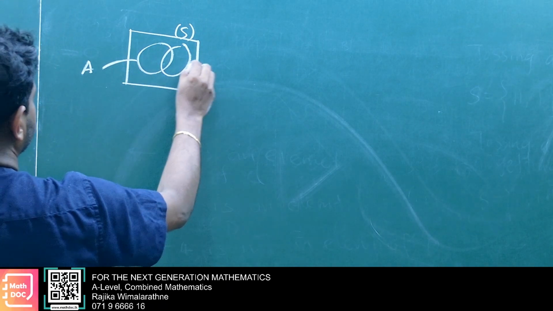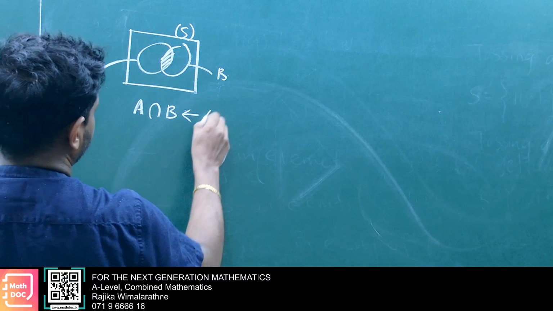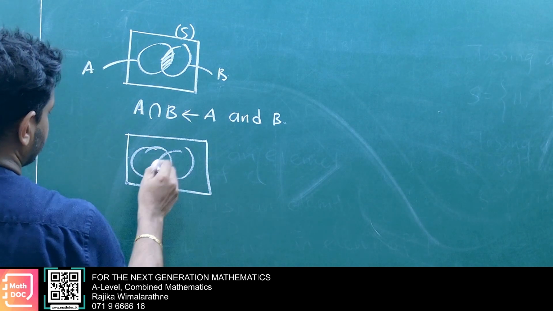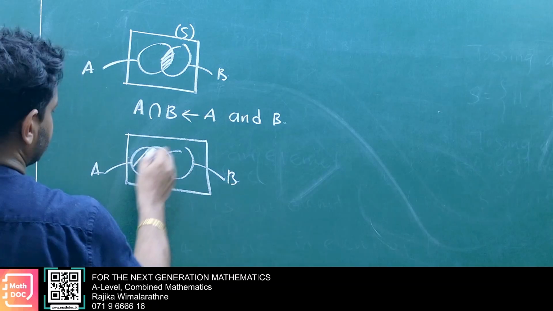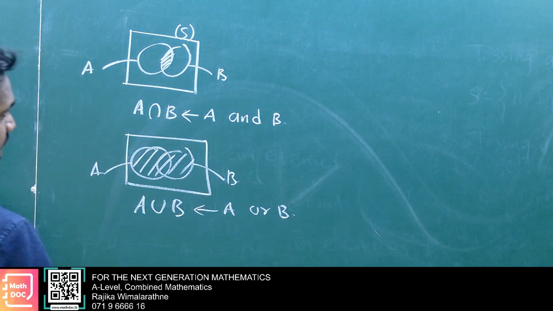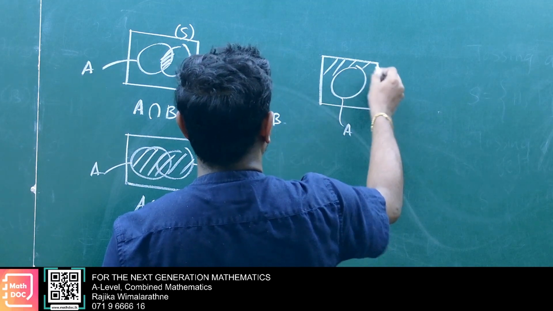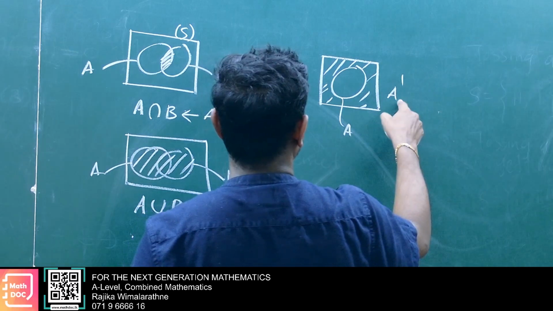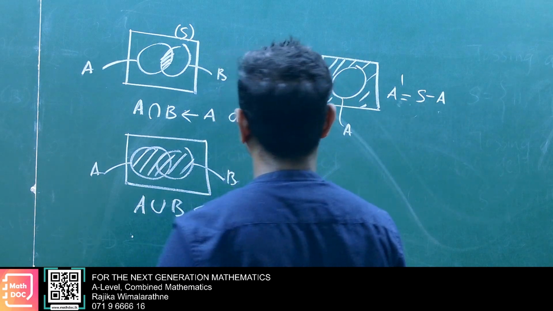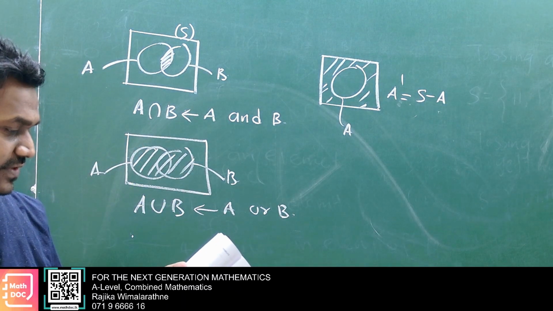Here is set A, here set B, and here A intersection B. We call it A and B. Here this is called A or B, A union B. Here this is called the complementary set, A dash, which means S minus A. I have given that on page number 3: union, intersection, difference, complement.